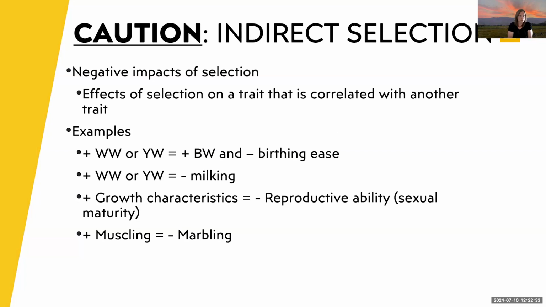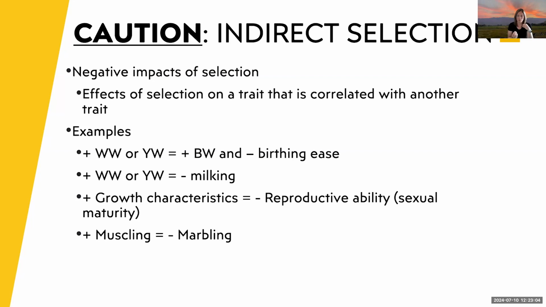So when we are selecting animals that are growing faster and bigger, higher weaning weight, higher yearling weight, you're also going to be seeing offspring that are born heavier birth weights. We may have more trouble having those lambs or kids come out, that birthing ease. When we have really growthy animals that are growing really fast, and this is why you see that in the dairy industry, that we select on milk and we have poor growth as a result.